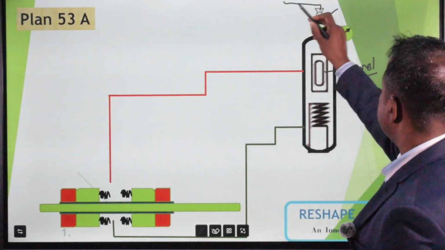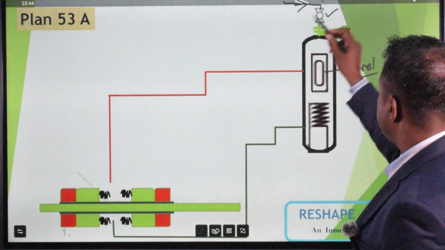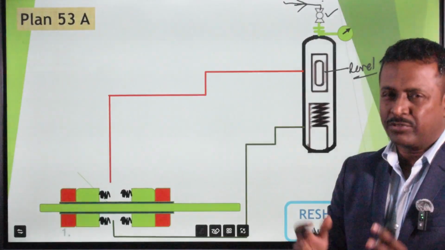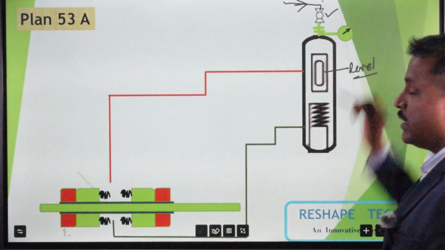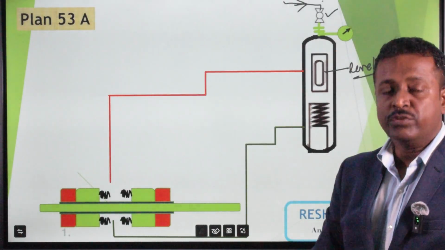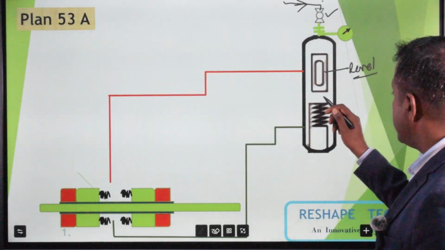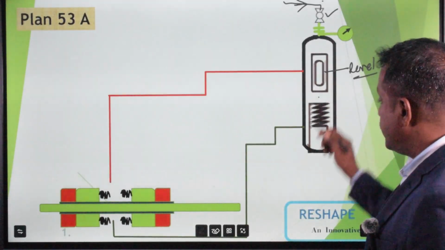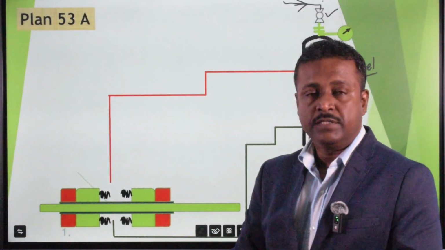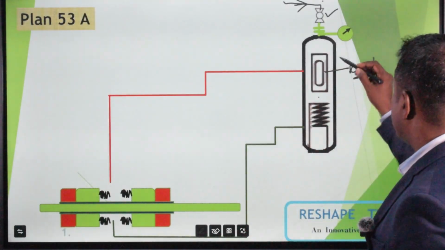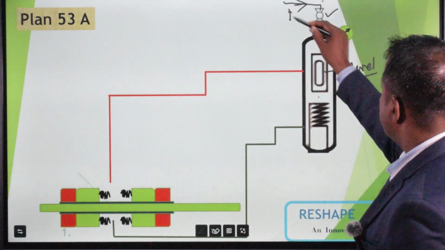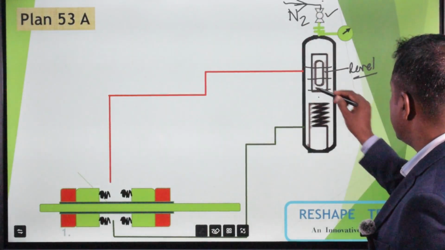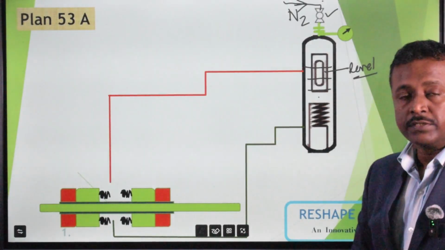Through this orifice and valve, generally we introduce some external inert gas, mostly nitrogen, to pressurize the barrier liquid. Which is the barrier liquid? The liquid used in that particular seal pot to flush the seal faces. With the help of this nitrogen, we pressurize the liquid which is stored in the seal pot.